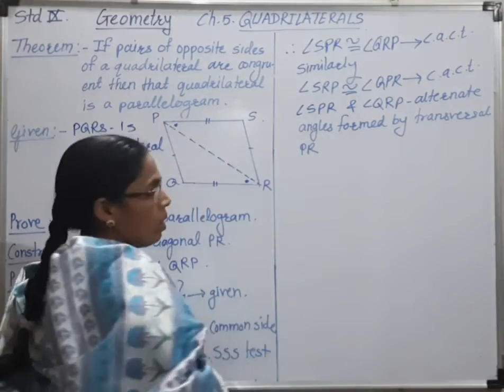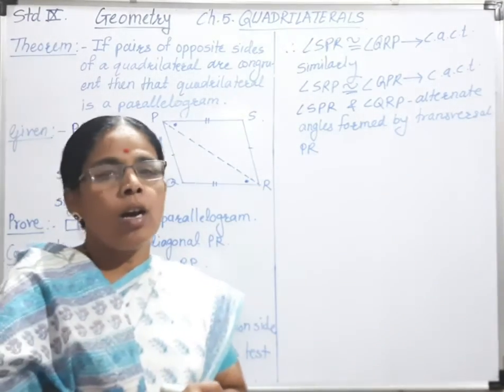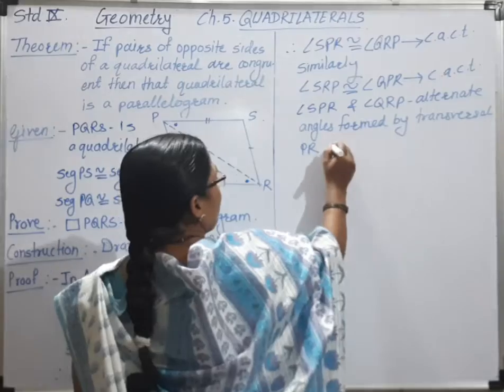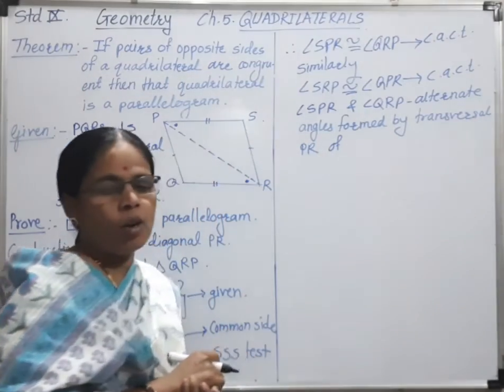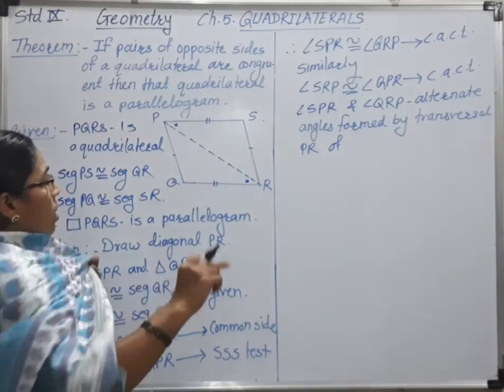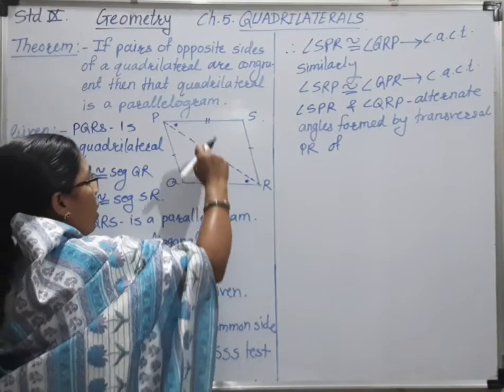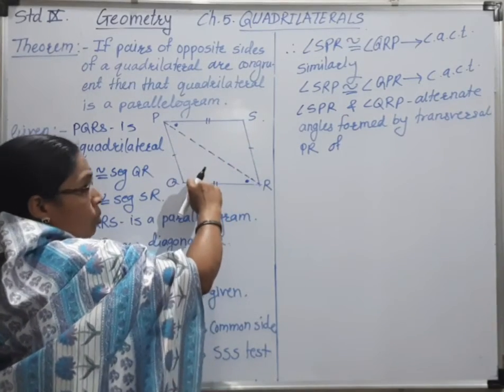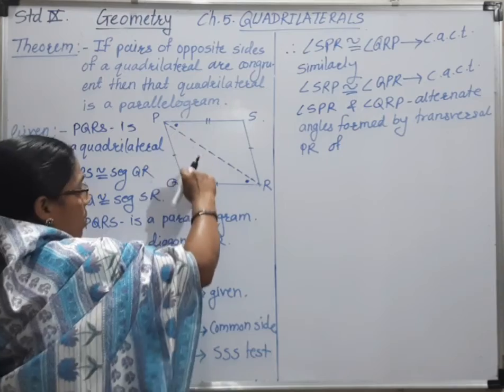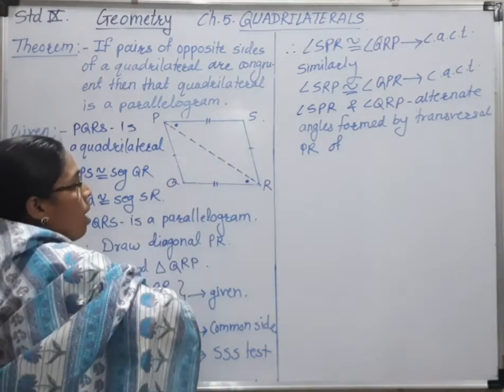Transversal PR of which segments are there? This is the transversal of these two lines. We have to show that these two lines are parallel.